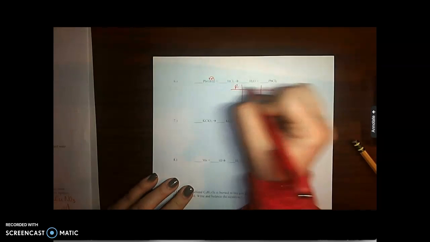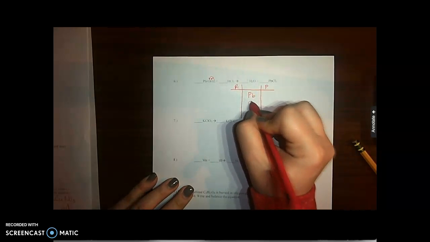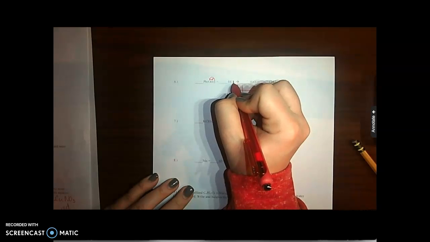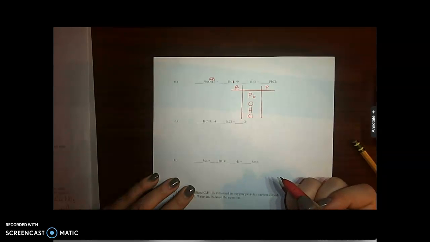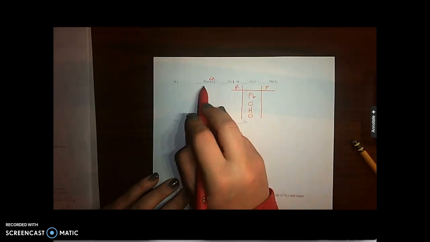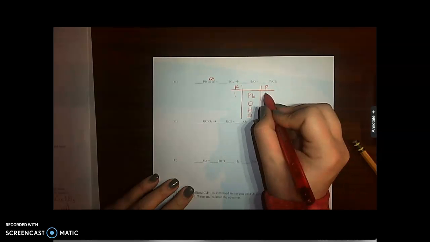So we have our reactants and we have our products. We have Pb, we have O, we have H, and we have Cl. Now there was a typo. This l should be a lowercase l, not an uppercase L. It is chlorine. All right, so on my reactants, I have 1 Pb. On my products, I have 1 Pb.